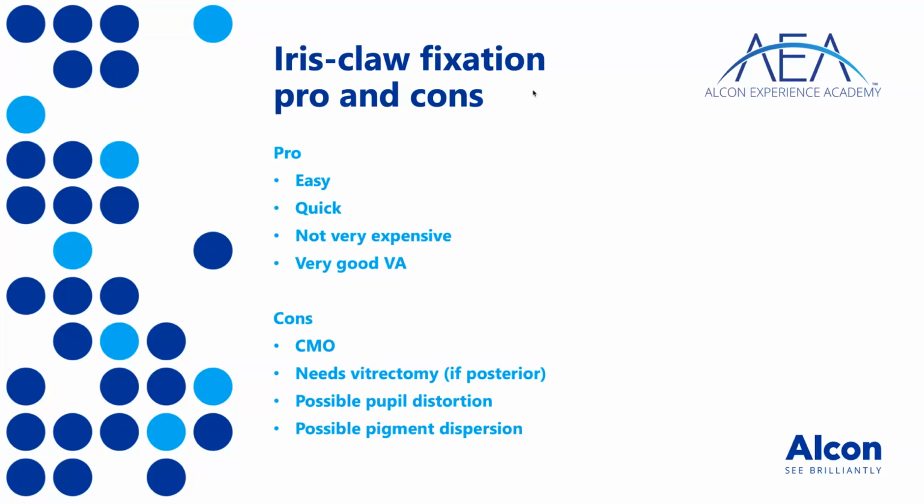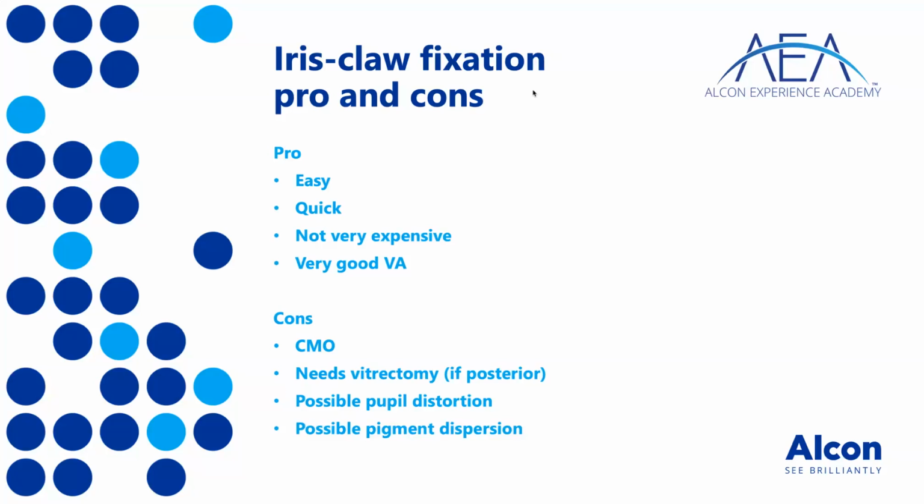This is because the lens has some sort of vaulting, and if you put it straight behind the iris, you're going to get a pupil block. So you have to use it upside down, which is absolutely fine. It doesn't create any issue whatsoever. It's not any kind of complication. Simply you have to have two different settings on the biometry, and mine is simply called Artisan anterior, Artisan posterior, and gives you two different powers.